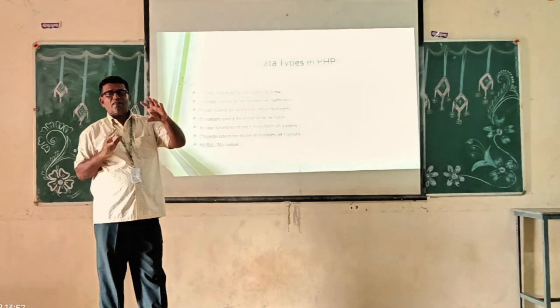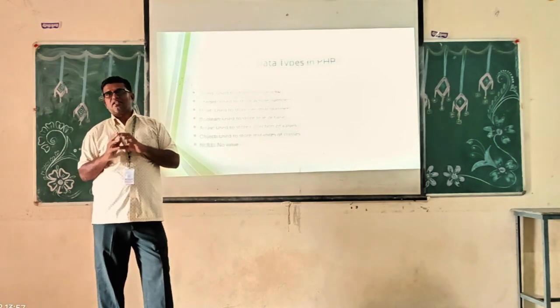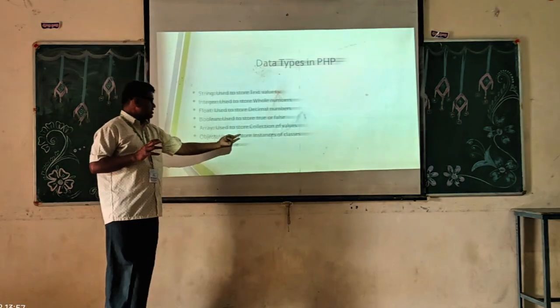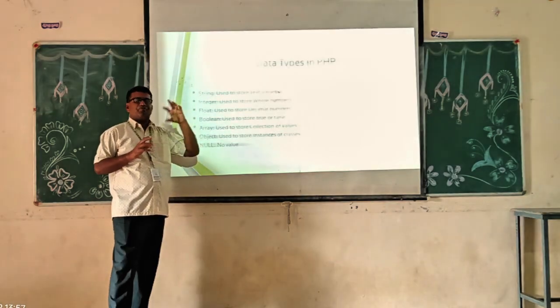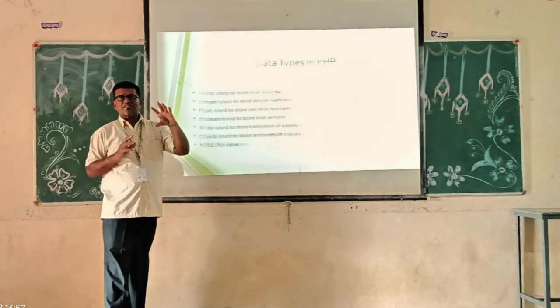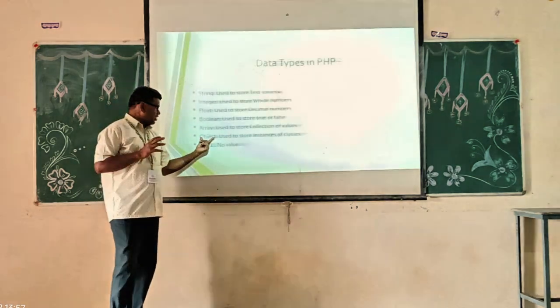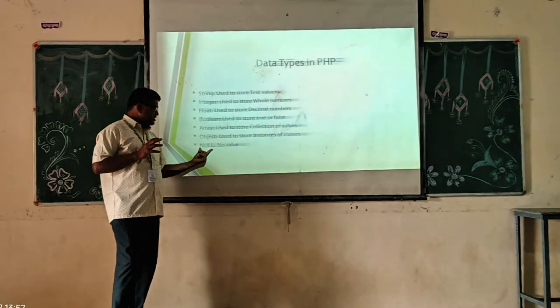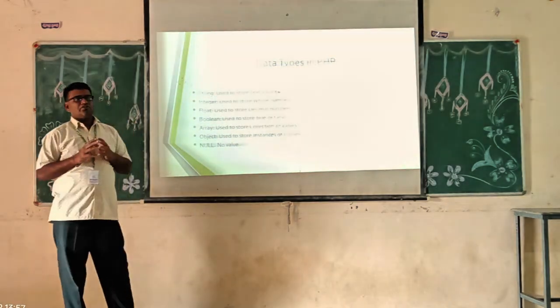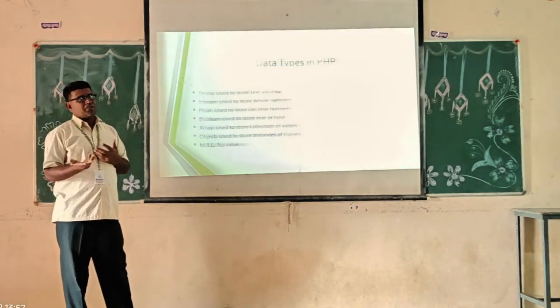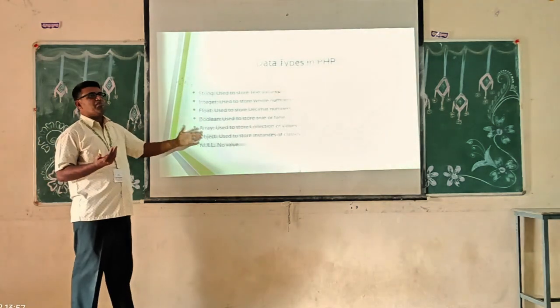These are combined in the class. The class has a number of member variables, and it is derived using one object. So that is the object. The next data type is null. Null means empty. So these are the data types in PHP.